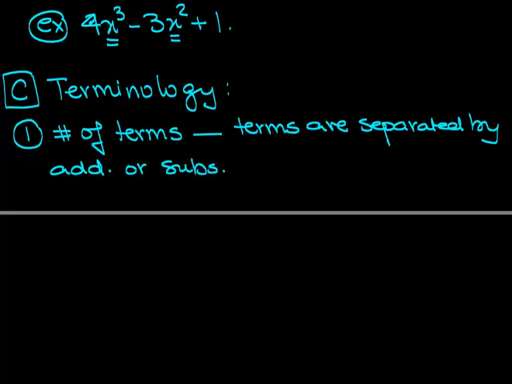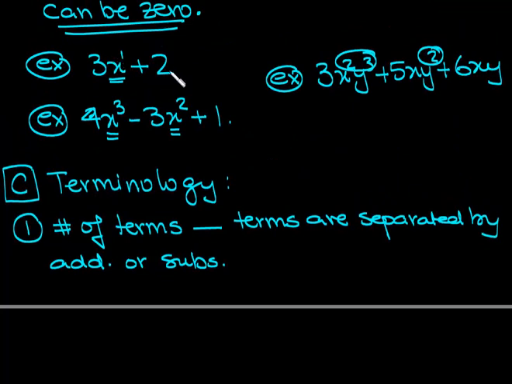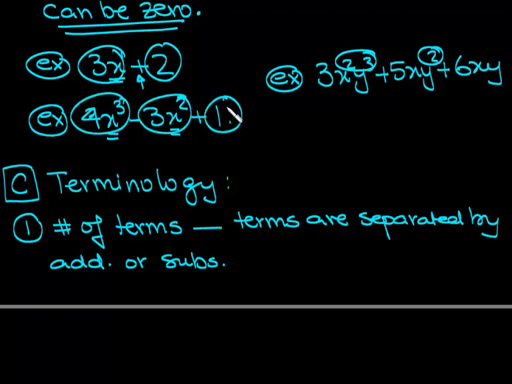For example, in this case, this polynomial has two terms because it's separated by addition or subtraction. So I have 1 and 2 terms. This polynomial has 3 terms: 1, 2, and 3. Terms are things that are separated by addition or subtraction, and the sign always goes with that term, just so you know. This also has 3 terms.